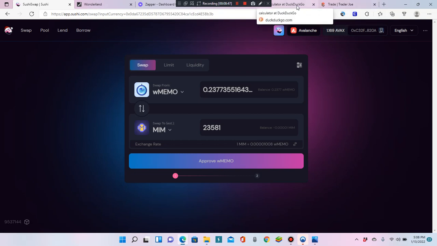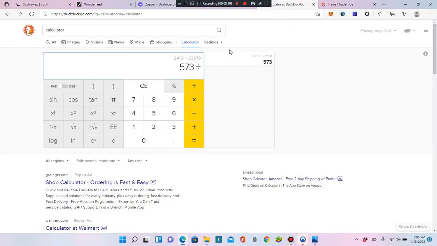So what I'm going to do is come back to my handy dandy and do 2377 divided by 2, because we're going to split it in half for the liquidity pair.